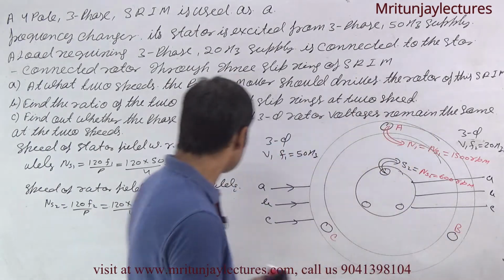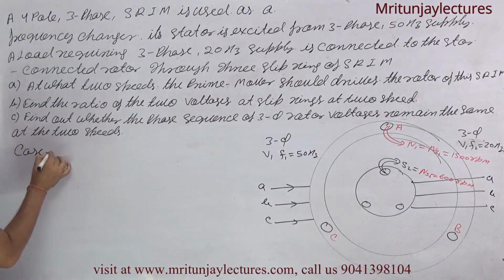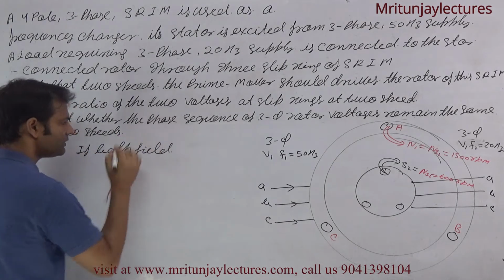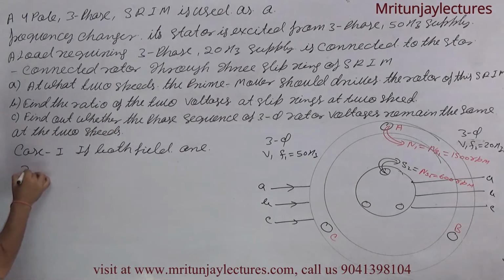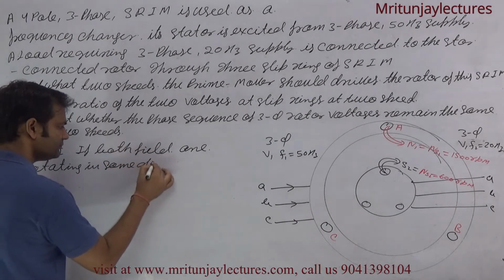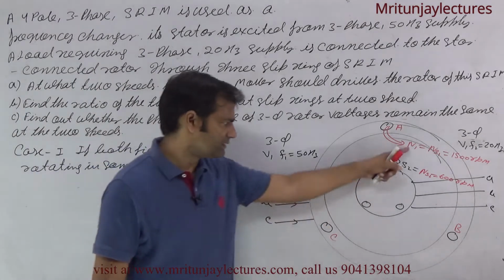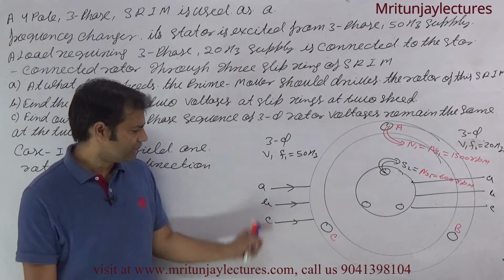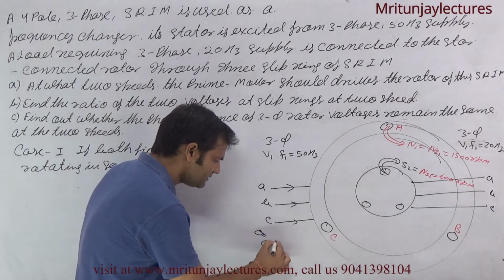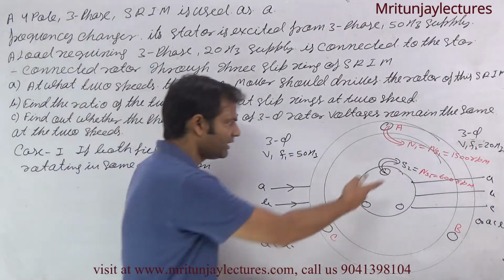Okay, now one by one we have to discuss. Case one: if both fields are rotating in the same direction, maybe the phase sequence is ABC, or you can also use ACB on both, then both are rotating anti-clockwise.